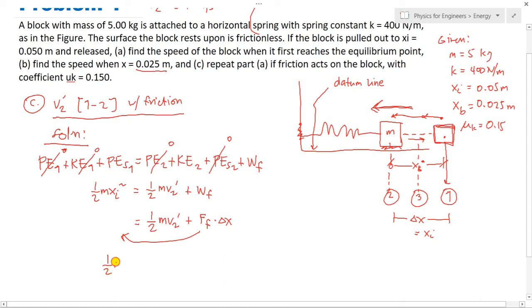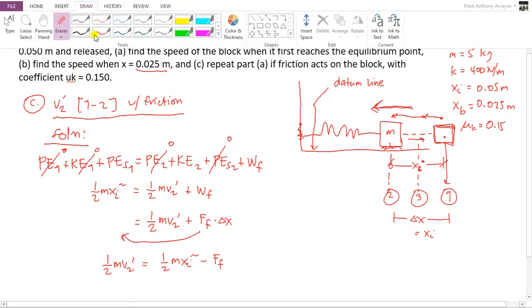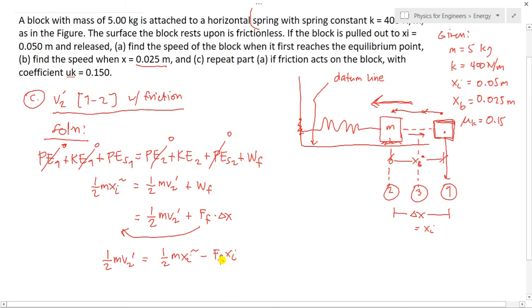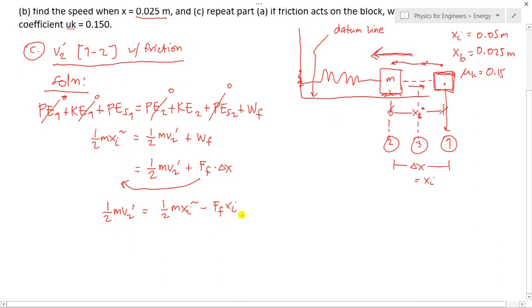We now have 1/2 m v2 prime squared is equal to 1/2 k x sub i squared minus the frictional force times x sub i. Since this is dynamic friction, the frictional force is equal to mu k times the normal force.